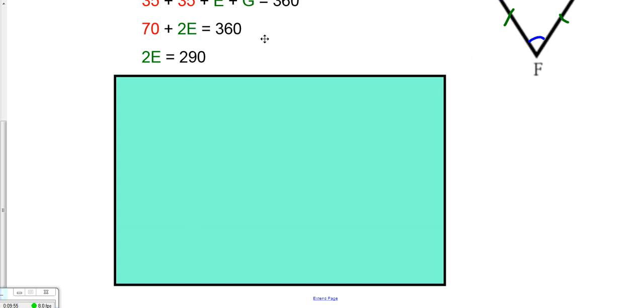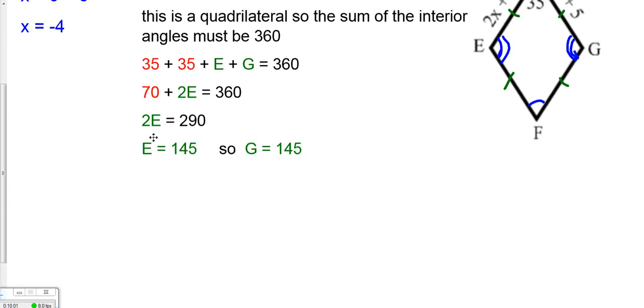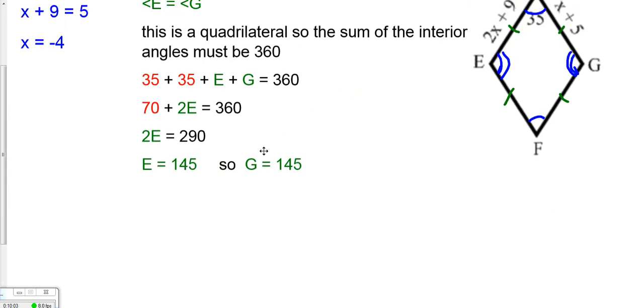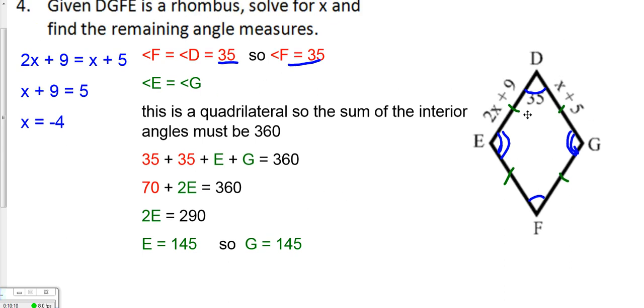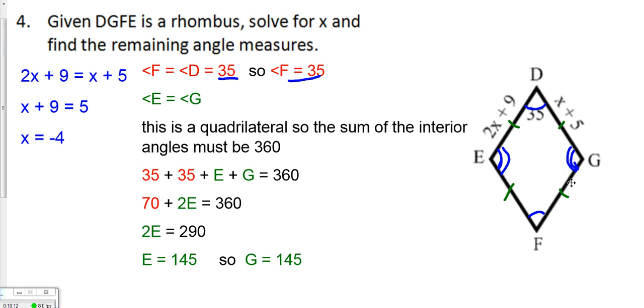Minus 70 from both sides. 2E equals 290. And dividing by 2 on both sides, we'd find that E equals 145 degrees. And since angle E is the same as angle G, G also equals 145 degrees. So we figured out each of these angles and we solved for X.